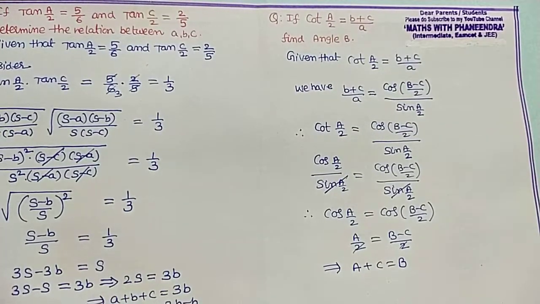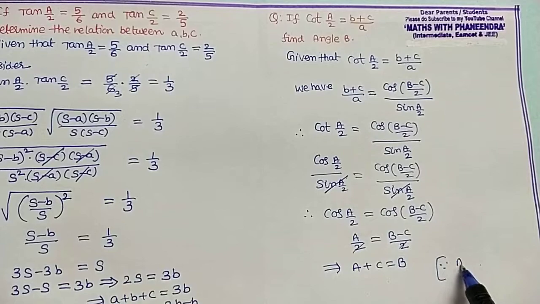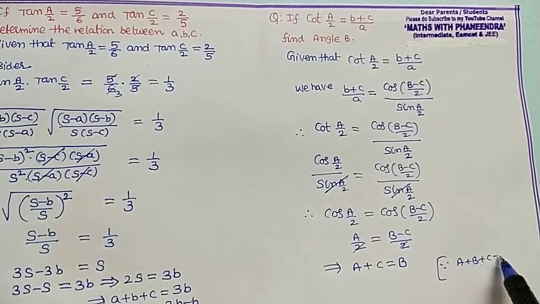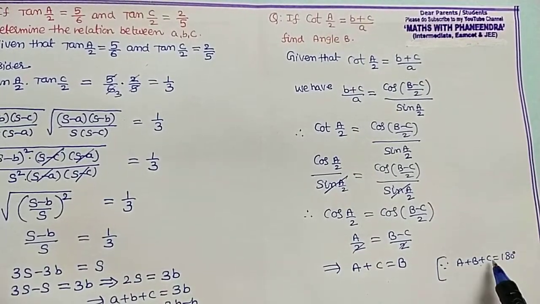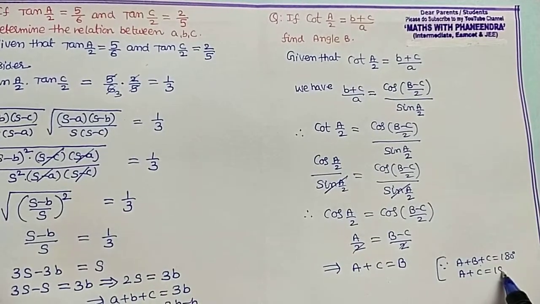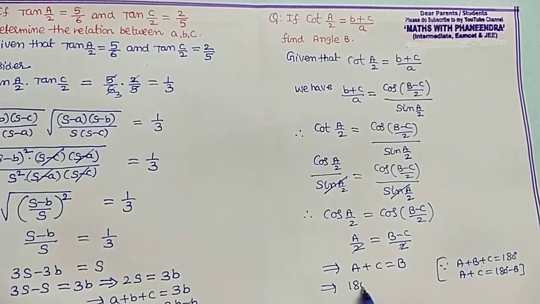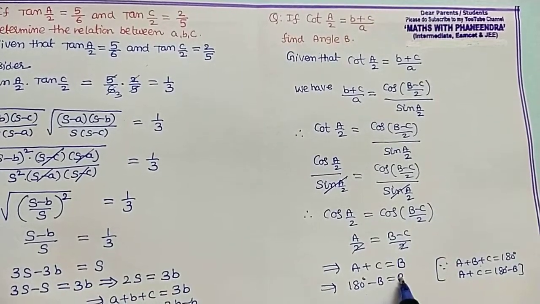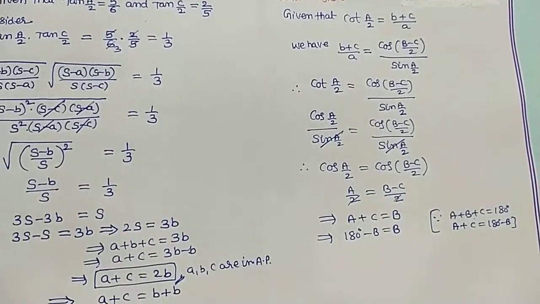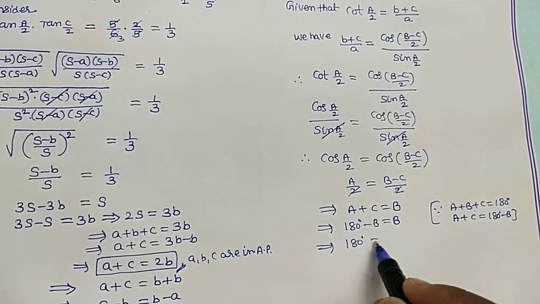After that, we know that A plus B plus C is equal to 180 only, no? Except A plus C, B we can take this side. A plus C equal to 180 minus B. So, 180 minus B equal to B. That implies 180 degrees equal to 2B.